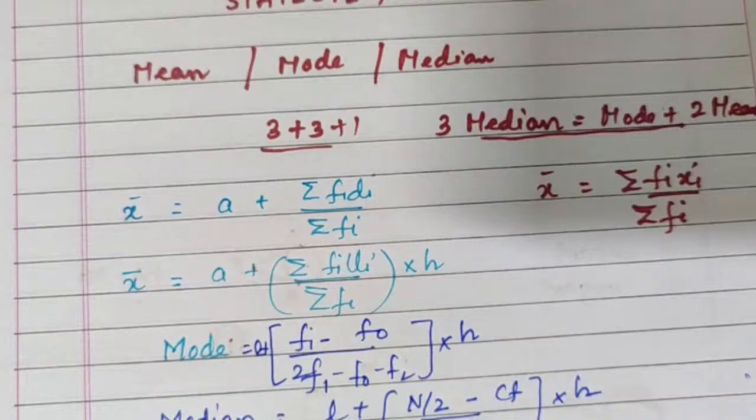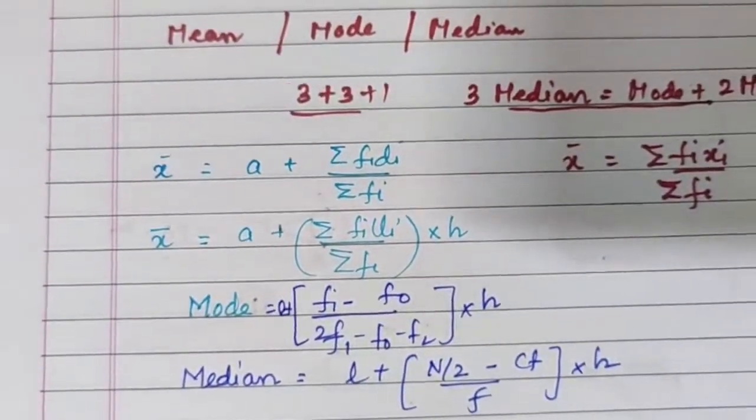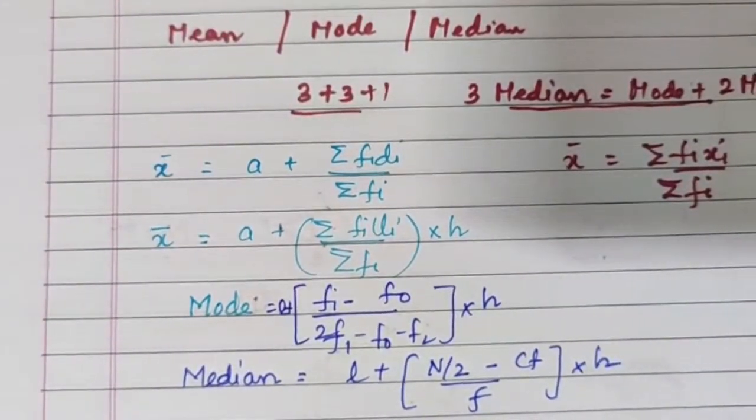Assumed mean method, mean equals a plus sigma fi di divided by sigma fi. Step deviation method, mean equals a plus summation fi ui divided by summation fi into h. So mean, mode based on grouped data, and median based on grouped data for 3 marks will be asked.